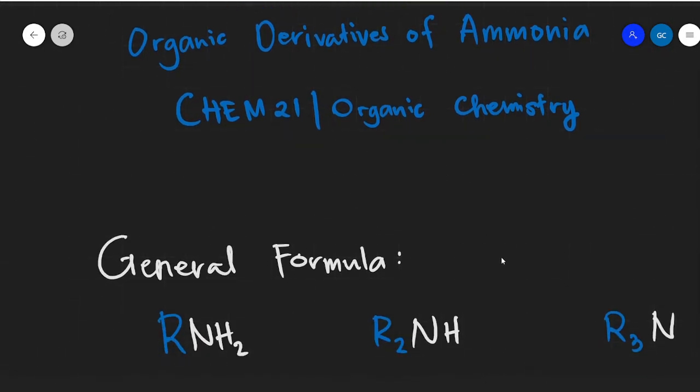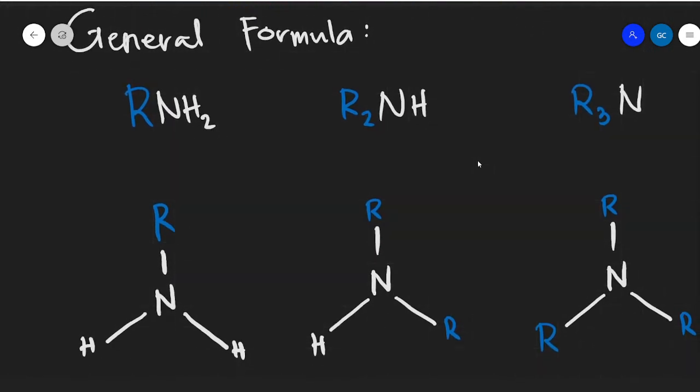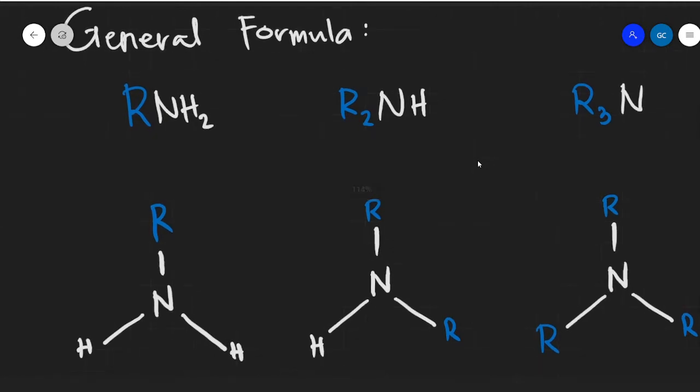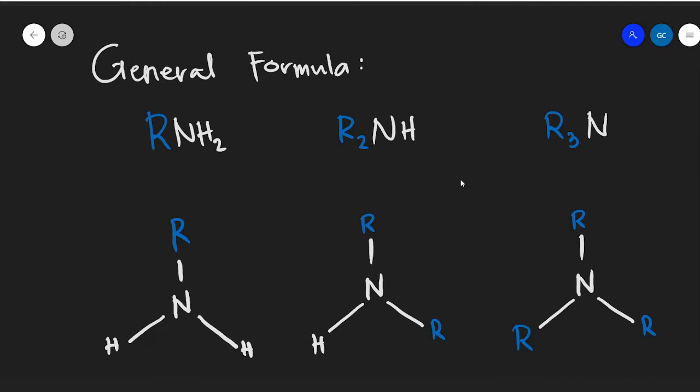So as you may see here, the general formula of our amines looks like this. So we have nitrogen that is bonded to R groups. Those R groups may either be an alkyl or an aryl group, meaning to say we can have aliphatic amines and aromatic amines.